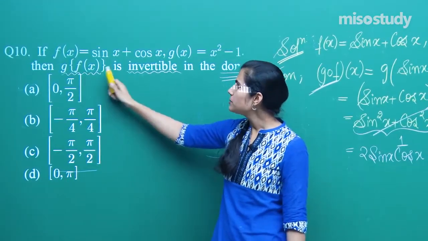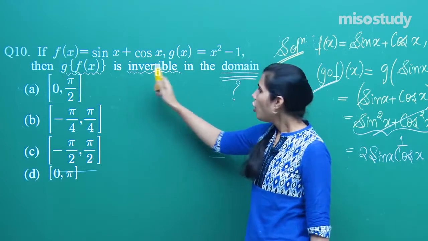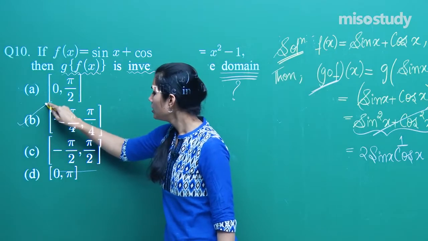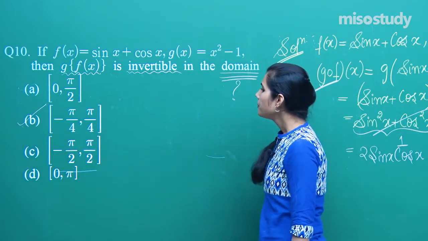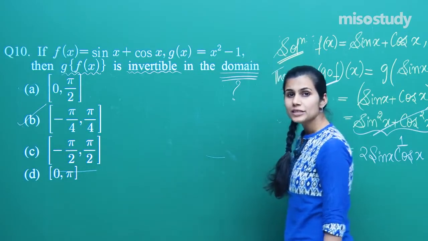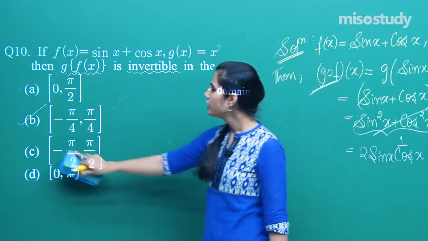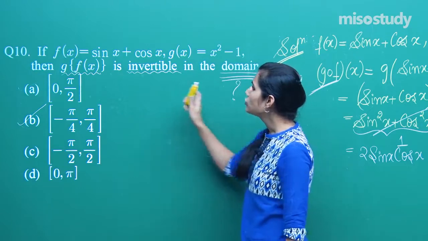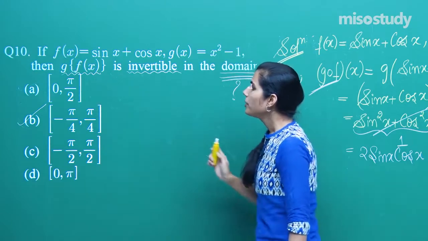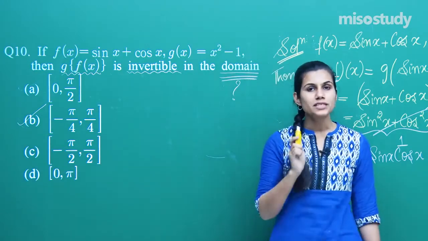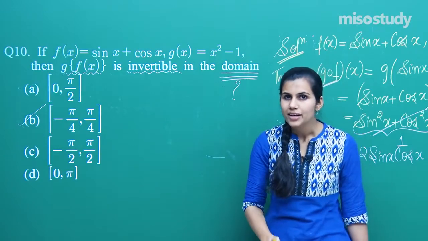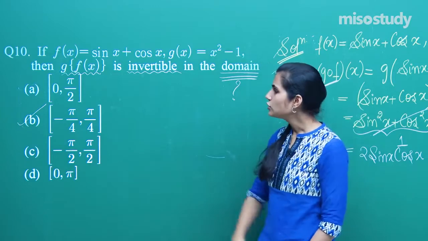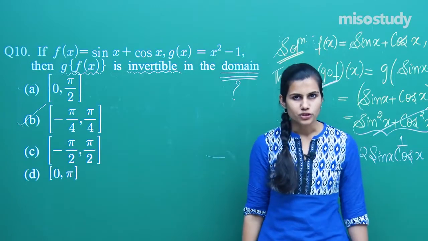So the domain which is making gof invertible is minus pi by 4, pi by 4. That is what is the case in this particular question. I wanted that domain which is making gof invertible with the help of the concept of sine being invertible, where we have established where gof will be invertible, and which makes B the correct option.